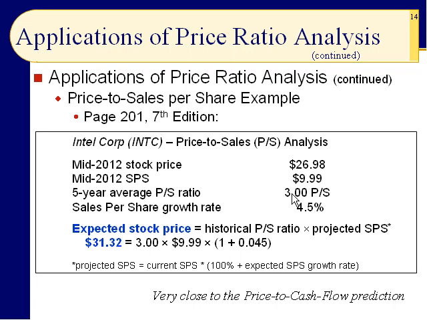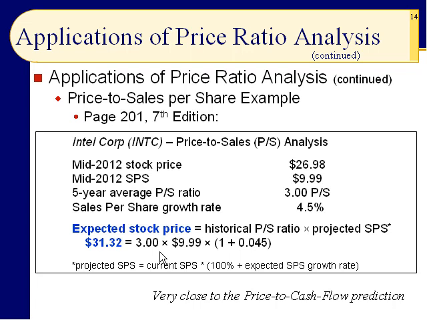And going back 5 years, the price to sales ratio was 3.00. The analysts or Intel tells us, or we think, the sales per share is going to grow at 4.5%.